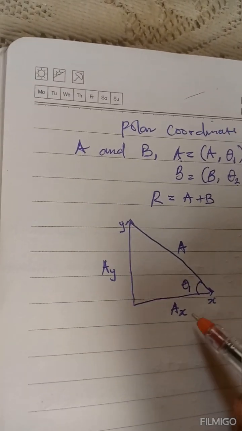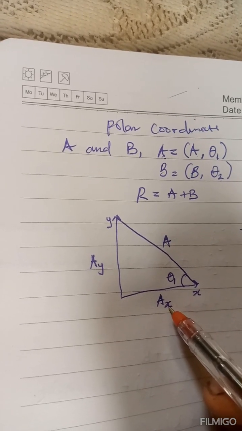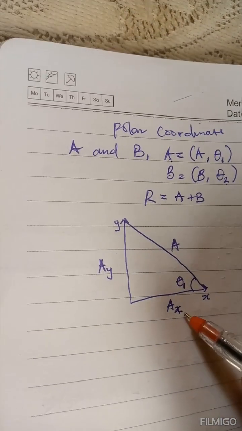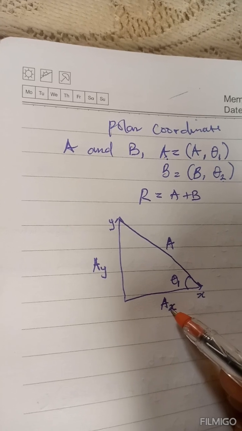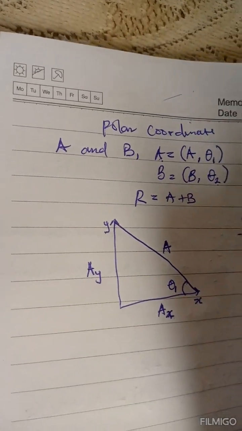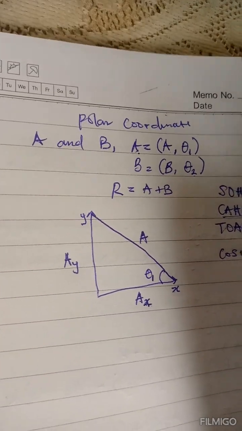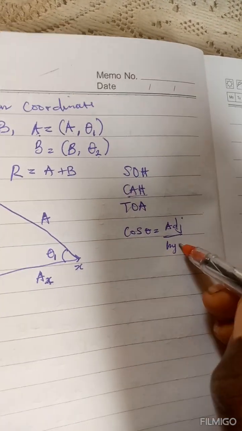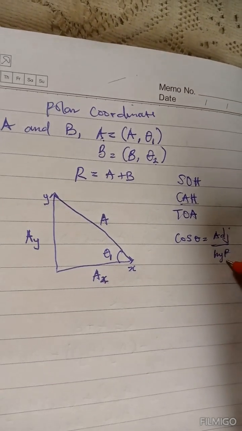So if I'm resolving for component x, I'm going to be using the CAH. Now the CAH is talking about cos theta equals adjacent over hypotenuse.